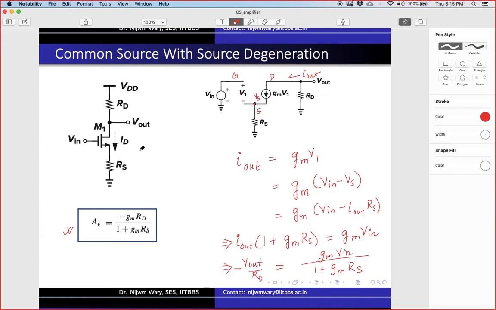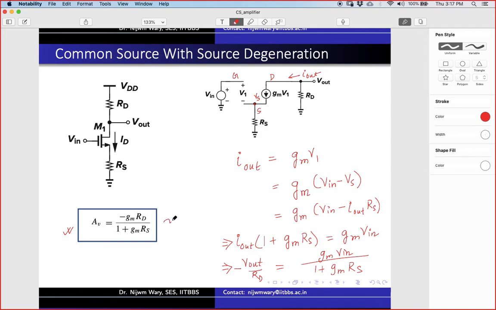So the next question is, what happens if my GmRs is large? What happens? If my Gm is big, what happens to this expression? If I increase this GmRs and make it very large, this will be much greater than 1.